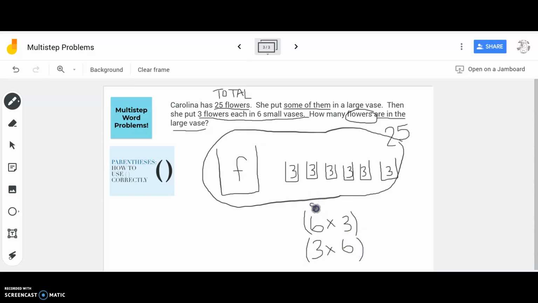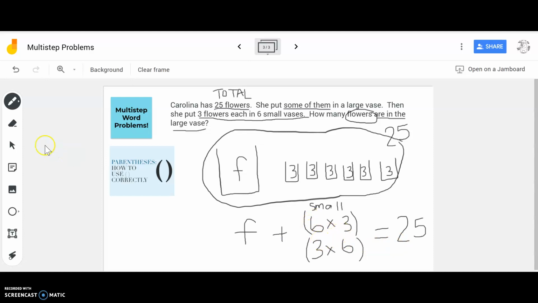I'm going to say these are my small vases. I don't know my large vase, so that's where my variable is going to be. That's my F. But I know in everything, I need to have a total of 25. There's my total. So my large vase plus my small vases has to equal 25.